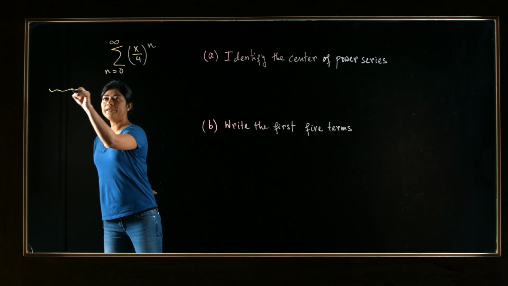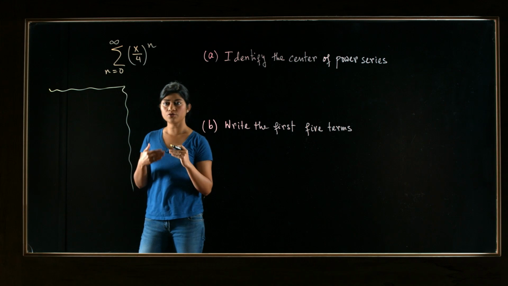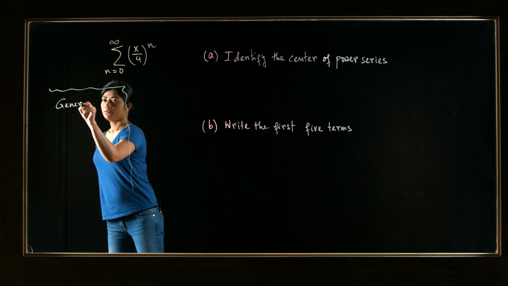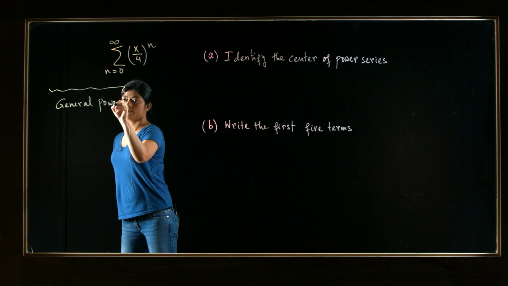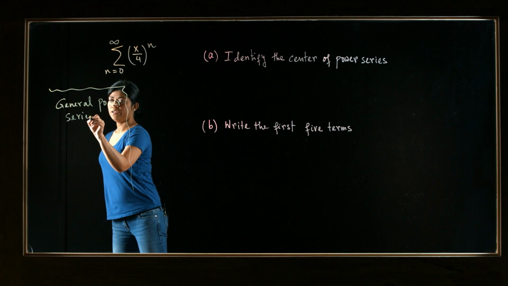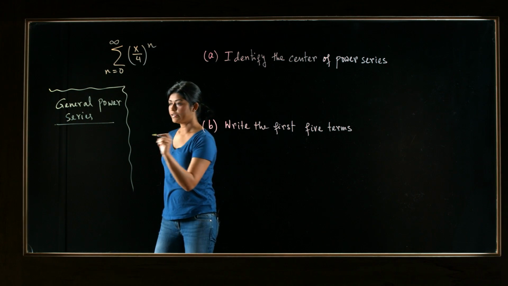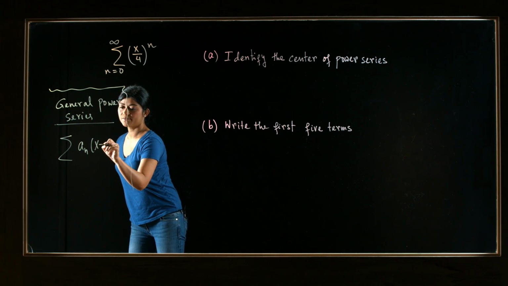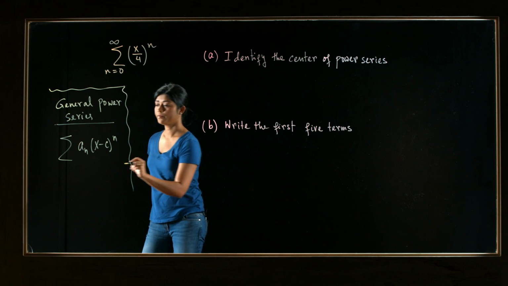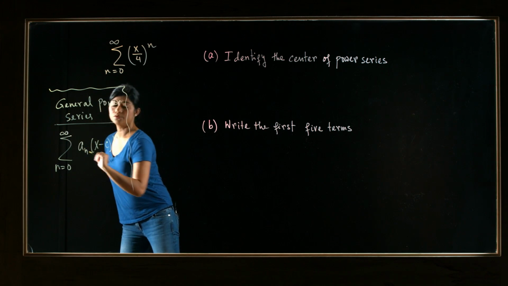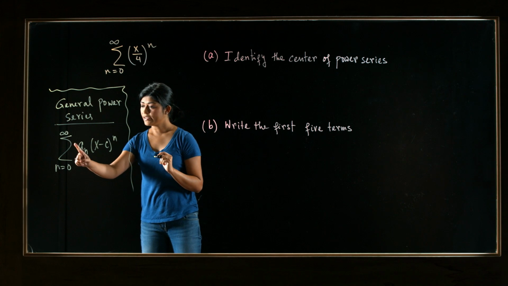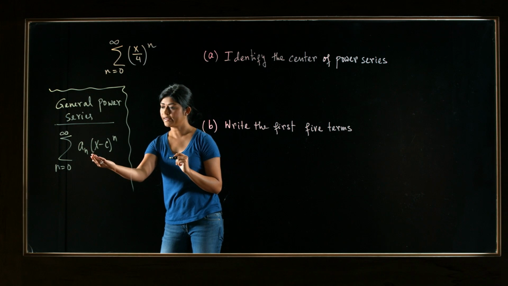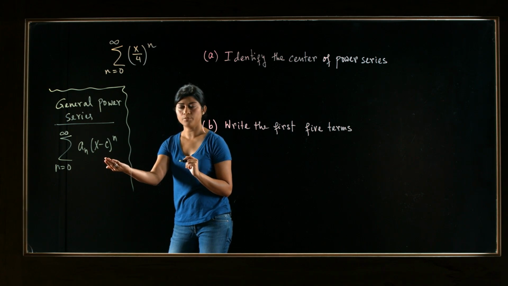So let me first remind you what the general form of a power series is. In general, a power series looks like the summation of a_n times (x minus c) to the power n, from n equals 0 to infinity, where these a_n's are all functions of n, there is no x in it, and then we have the variable, the x component here.